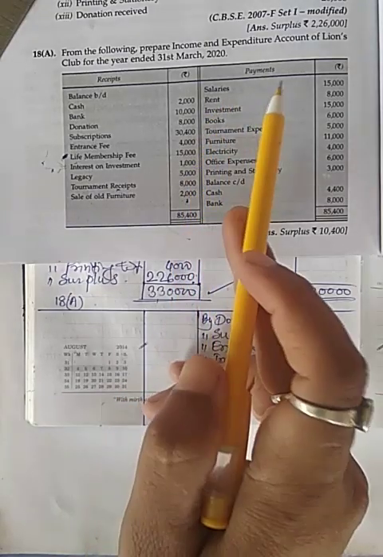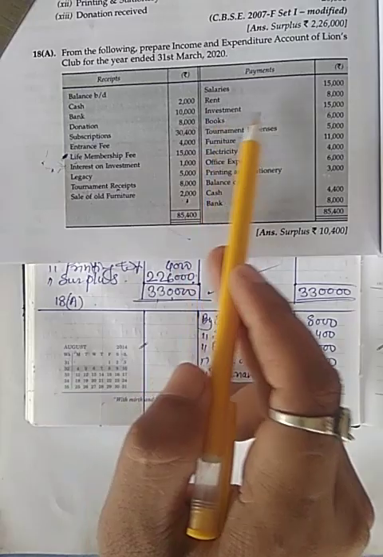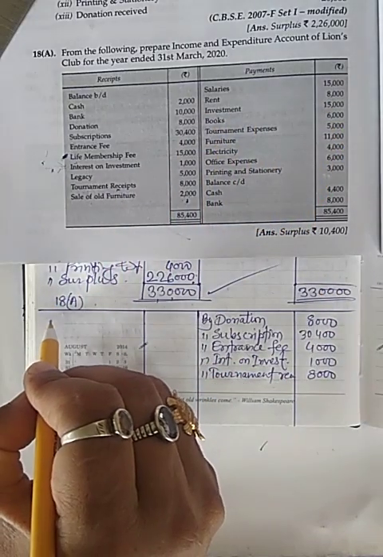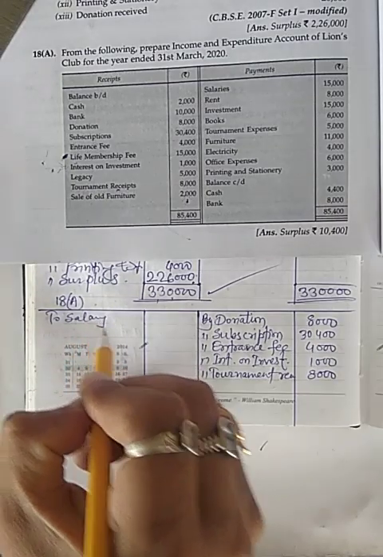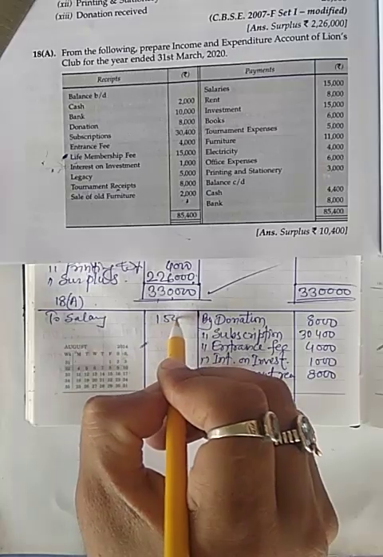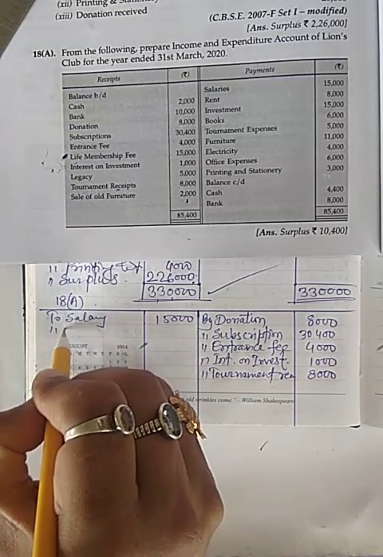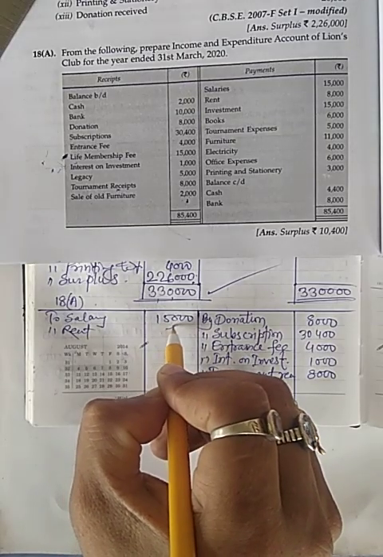Now in payment side, salary is given, rent is given, investment is given. So I will write one by one. Salary is given 15,000. Rent is given 8,000.